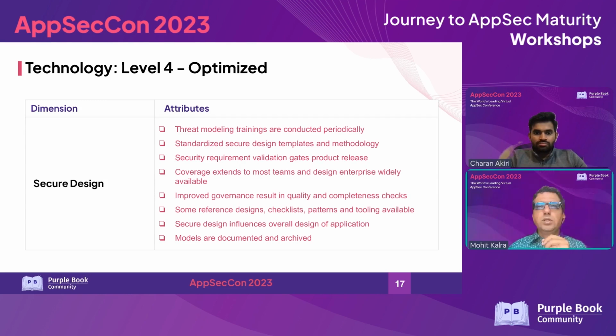You don't want a handful of experts in the company, you want the expertise to travel more broadly, either within the security team or within the engineering community as well. And because so many people are doing the work, we do want some level of standardization. So this is the place where people will start publishing templates on how to capture the threat models, as well as subscribing to methodologies so that we're not all over the place.